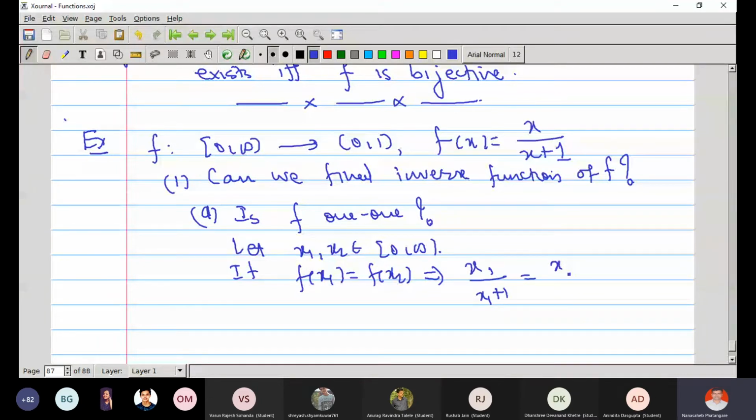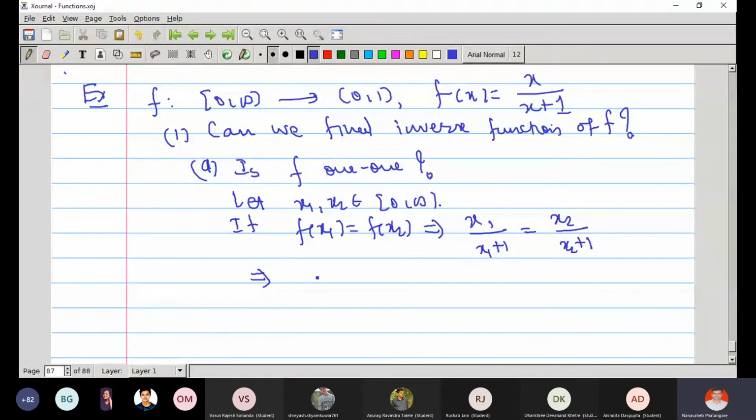Simplify this. Can we prove that x1 is equal to x2? Cross multiplying and simplifying, x1 x2 plus x1 equals x1 x2 plus x2.